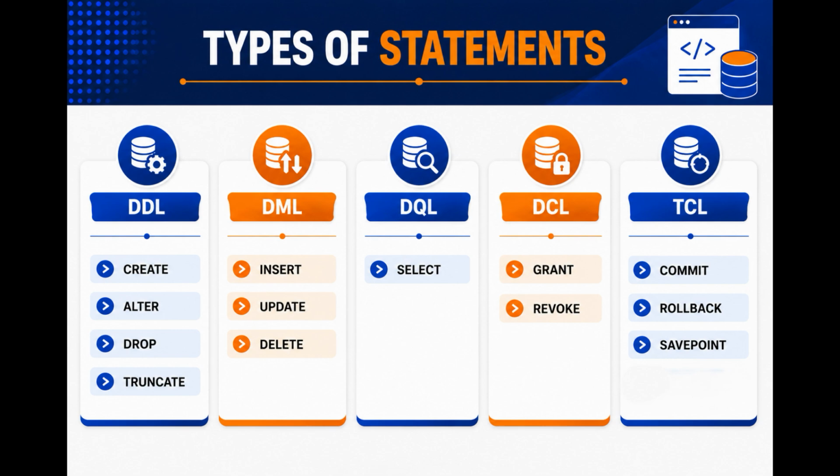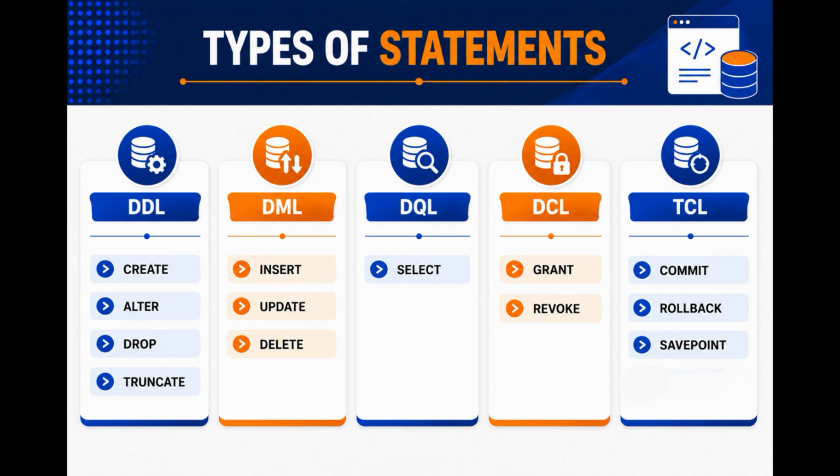Next, talking about DML, we have insert, update, and delete. This helps in data insertion, modification, as well as deletion. And the third, which is DQL, the select command falls under this category. We have already understood how we use a select statement for different kinds of data retrieval or writing queries.